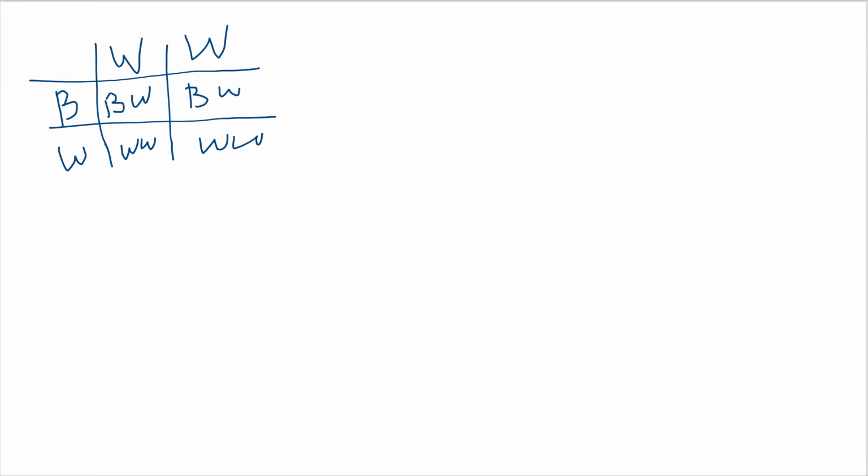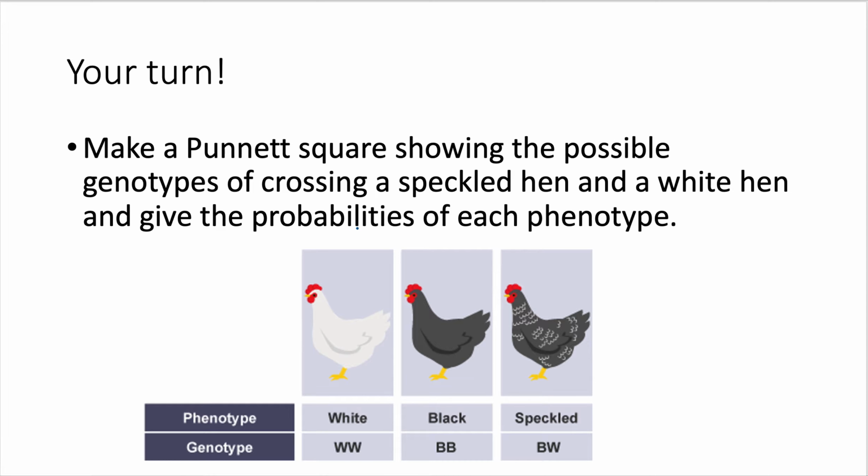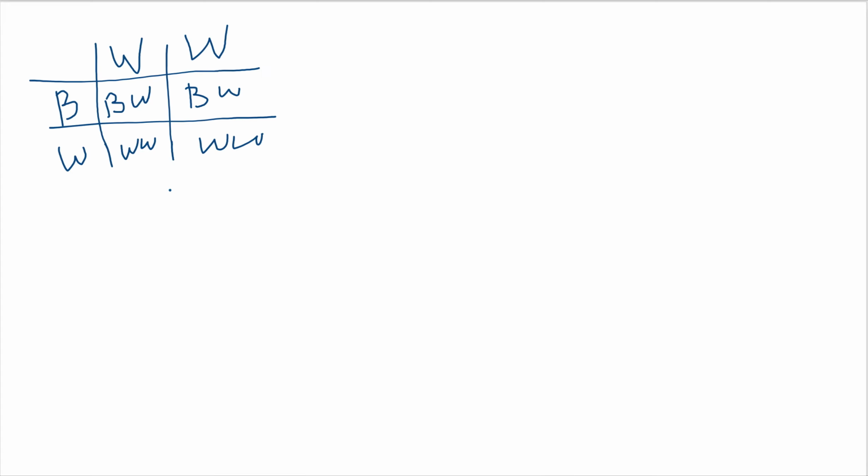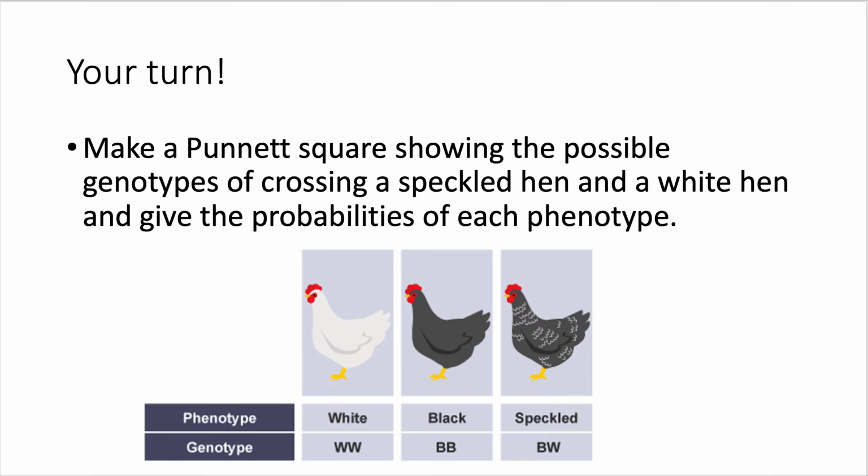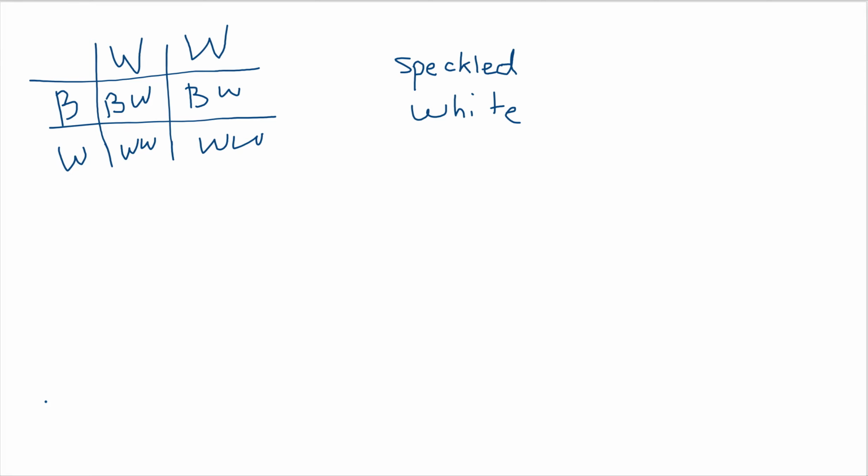So now the question asks the probabilities of each phenotype. So what phenotypes do we have here? Well, BW is speckled. And two big W's is white. And it wants the probabilities. So you can write this a couple ways. You can write a ratio. So you could do 1 speckled to 1 white.